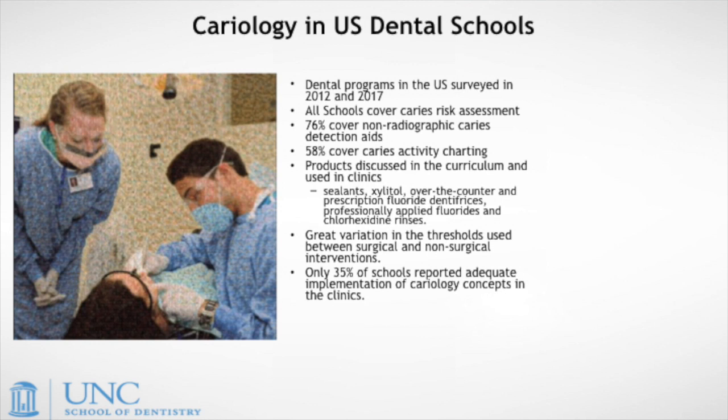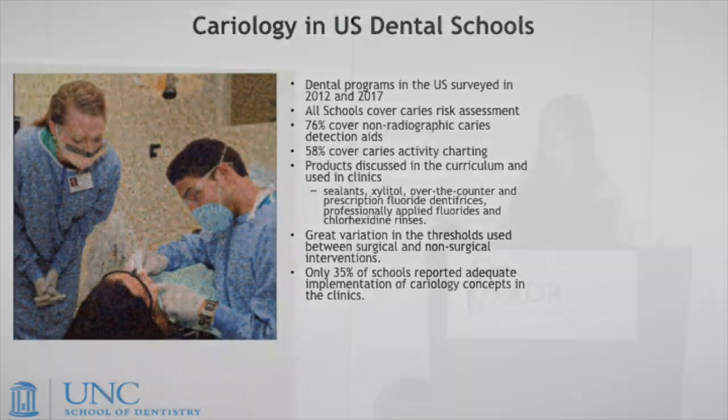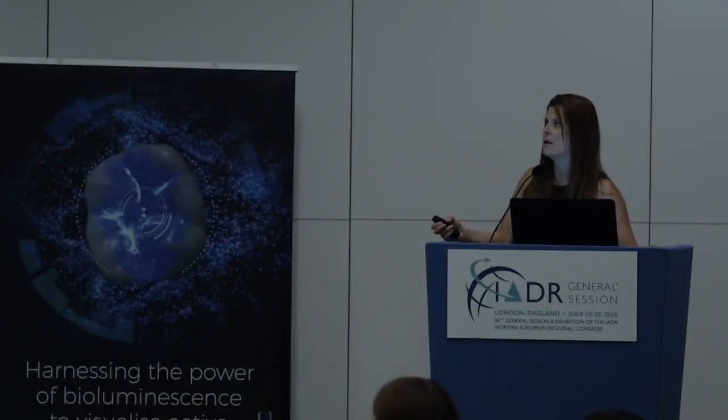In the U.S., cariology has received lately more attention than it did in the past. We did a survey back in 2012, and we identified that although most schools were doing caries risk assessment, several schools were teaching students something else in addition to visual examination and radiograph examination.